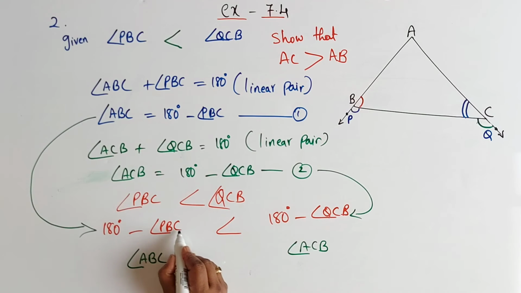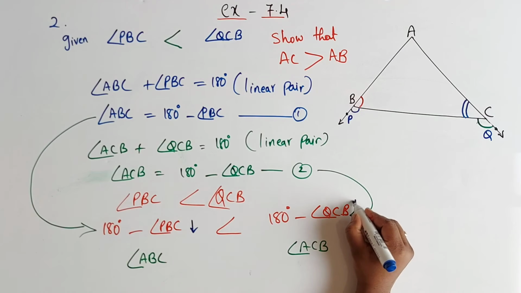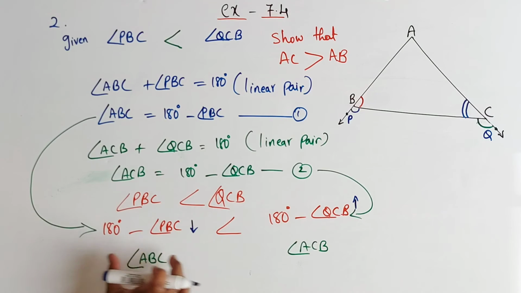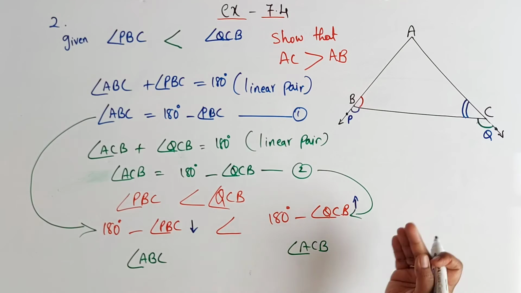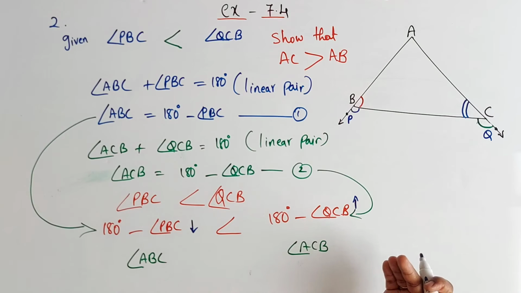Take anything, 20, 30, 40, 50. If you are subtracting 180 minus 20, it will be 160. If you are subtracting 180 minus 30, it will be 150. Right, children? So 160 is more or 150? Obviously 160 only. That means angle ABC is greater than angle ACB.